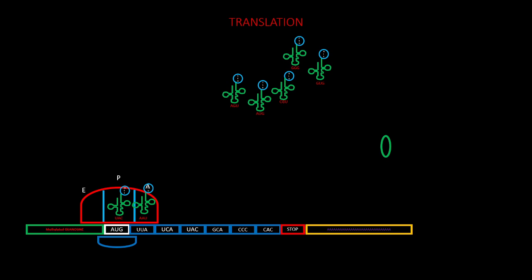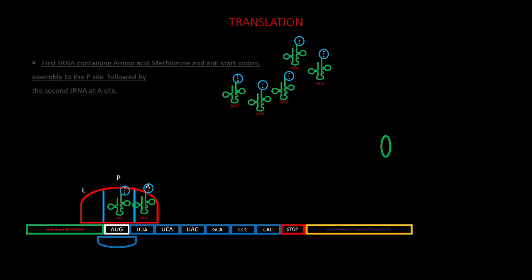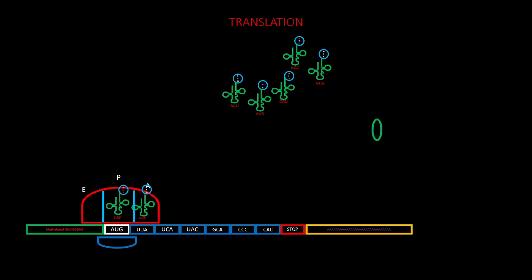The next step is that the entire ribosomal unit, both the smaller and the larger subunit, will slide to the right hand side of the mRNA. And let's see, so it's going. The tRNA from the P site, the first tRNA, has to slide over to the E site, and the second tRNA which was at the A site slides to the P site.